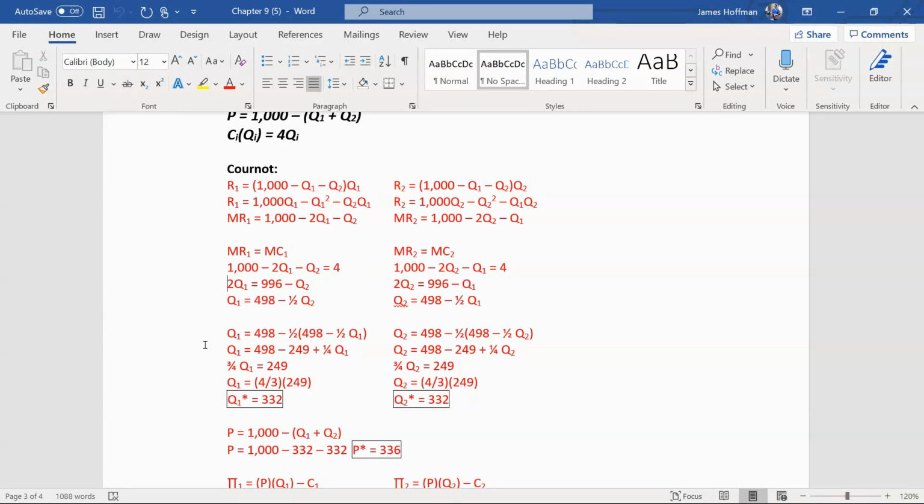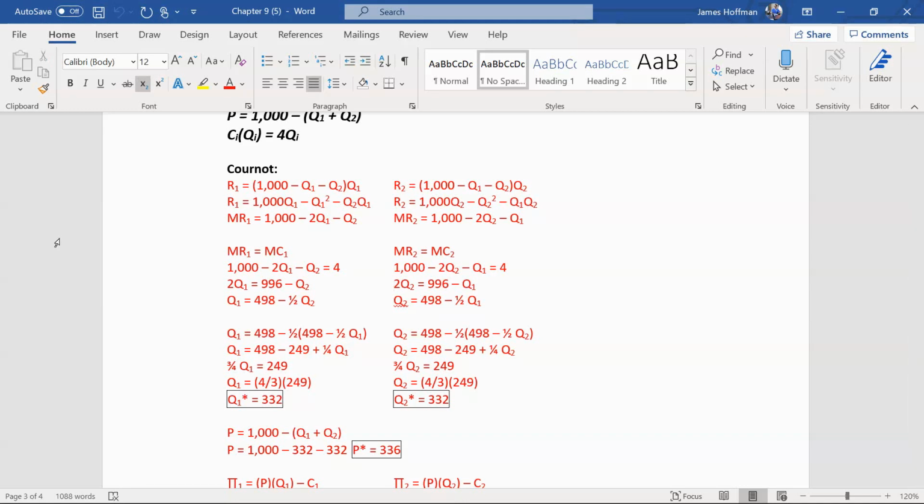Okay, and then now let's just solve for Q1 as a function of Q2, which is going to define firm 1's reaction function. So we get 2Q1 equals 1,000 minus 4, which is 996, minus Q2, and then divide by 2. We get 498 minus 1/2 Q2. Okay, we're going to do the same now for firm 2. MR2 equals MC2, which means that 1,000 minus 2Q2 minus Q1 equals 4.